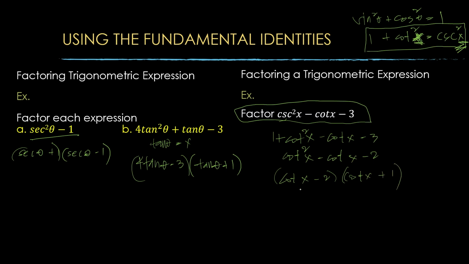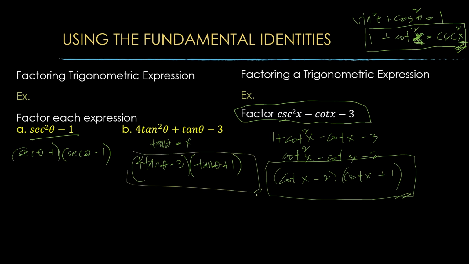Because if you multiply these binomials, you'll have cotangent of x squared minus 2 cotangent of x plus cotangent of x. You will be left with 1 cotangent and negative 2. So these are your factors. Any questions? Okay.